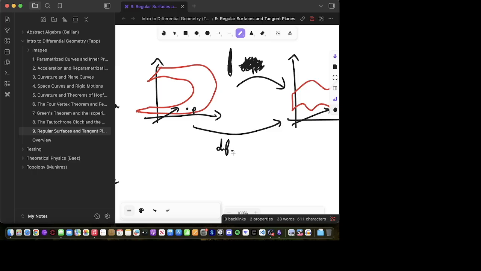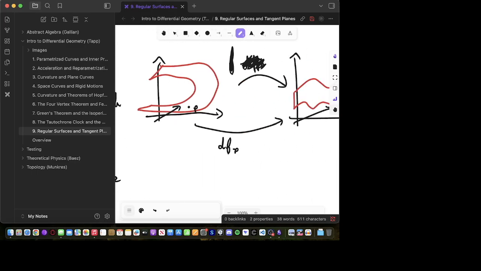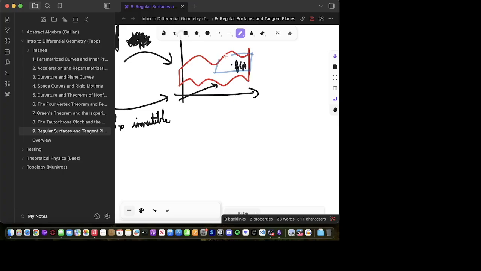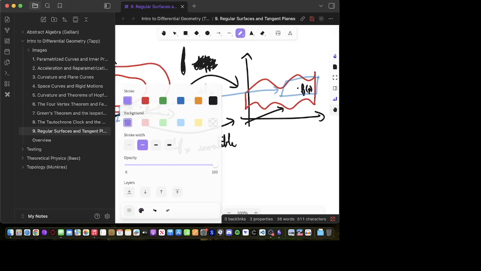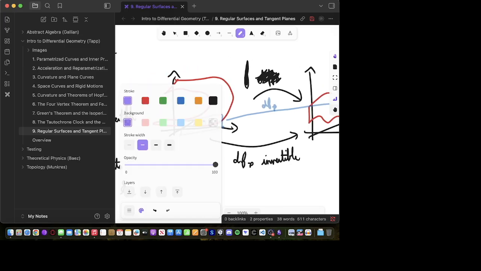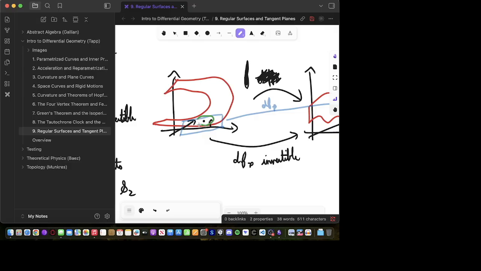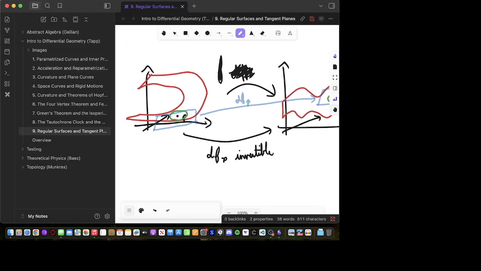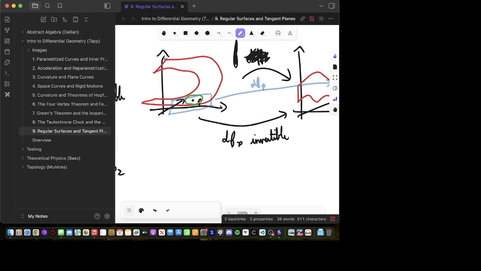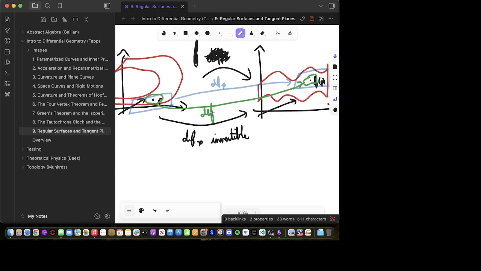So if dfp is invertible, let me make this the tangent plane at P, and then we have the tangent plane at f of P. Then we can create a neighborhood such that this is a diffeomorphism.